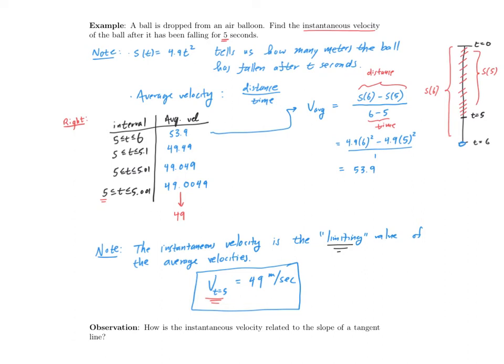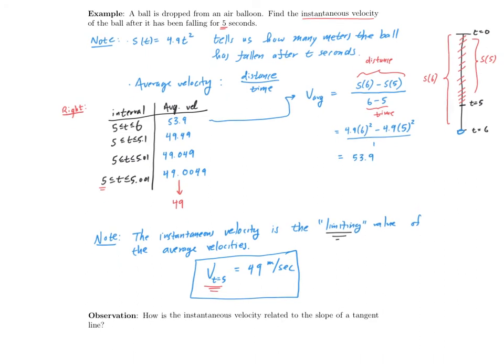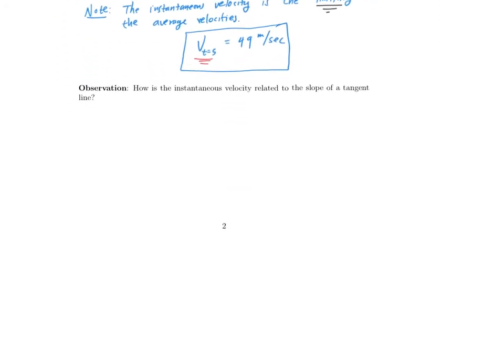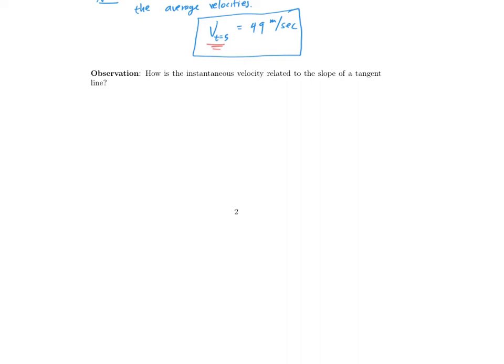Now, to finish up this discussion on tangents and velocities, I want to note that there is a very natural connection between what we saw in our previous example, that is calculating the slope of a tangent line, related to finding this instantaneous velocity. And in order to see this connection, let me just graph this function s of t.